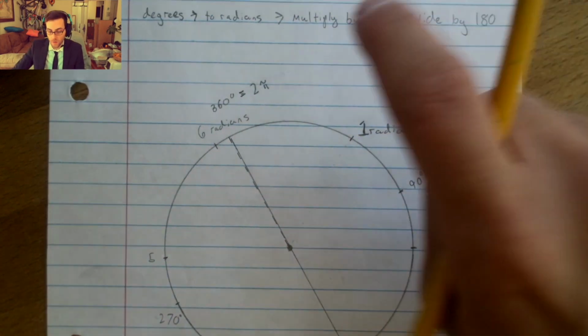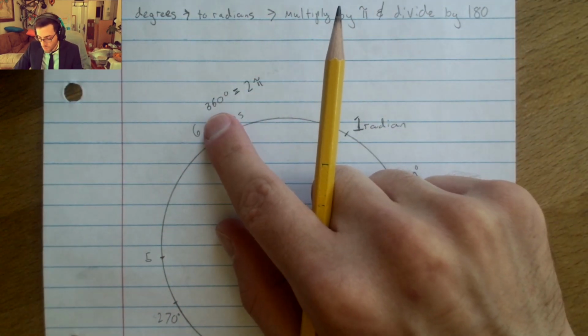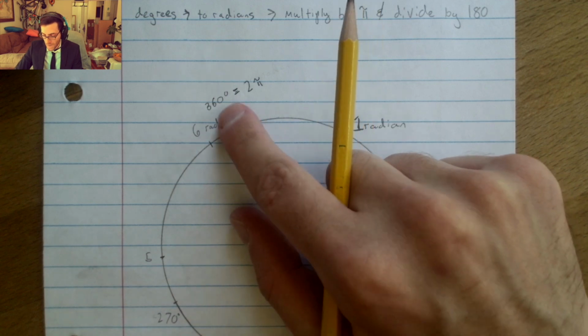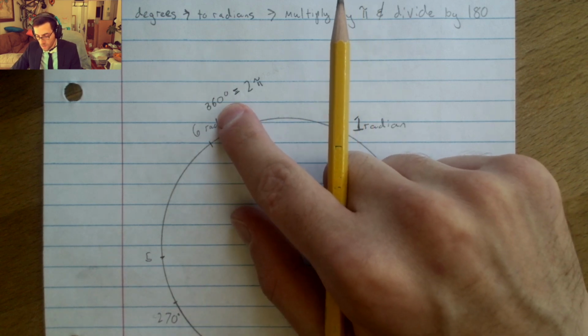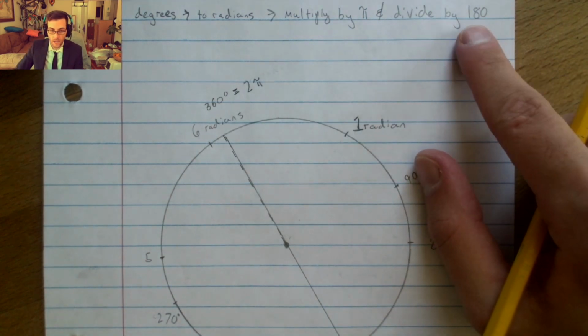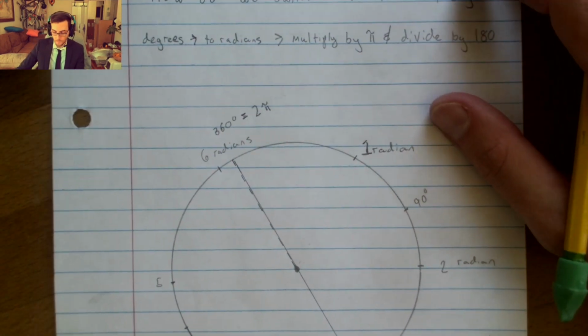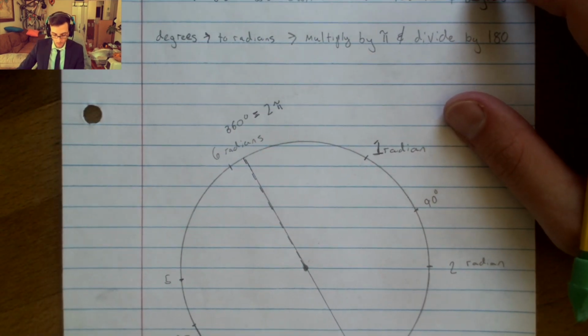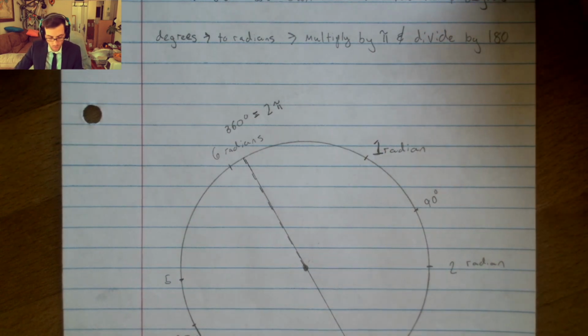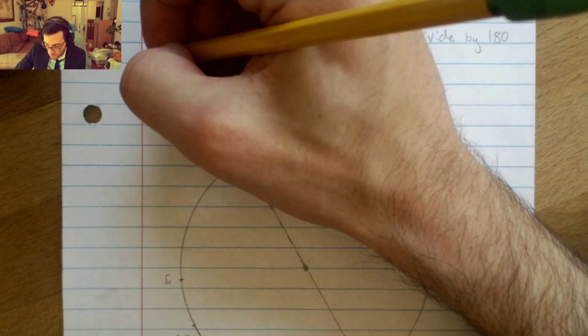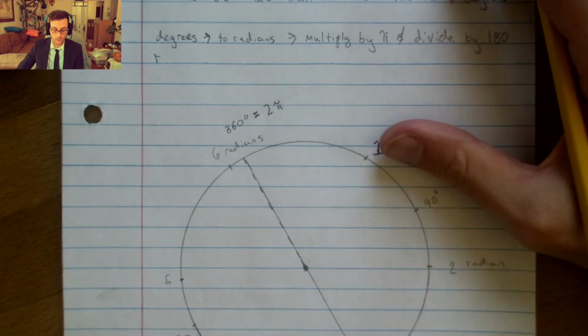The same thing with 360. If we multiply 360 by pi, so we have 360 pi, we then divide it by 180, and we're left with a value of 2 pi. Okay, so next we're going to look at how we go from radians to degrees.